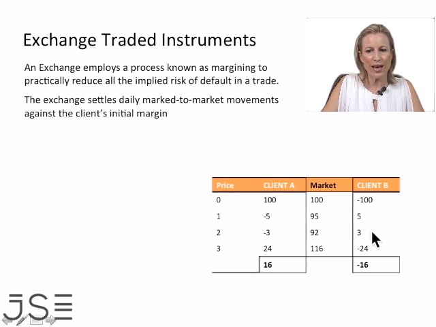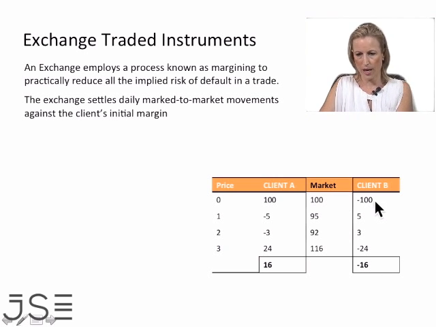Client B will have this as a negative. Now, let us suggest that they are closed out now and they've met their maturity value. The total of values in client A will be positive 16, and the total in client B will reflect the net moves from 100 to 116 of down 16 because they sold the contract.